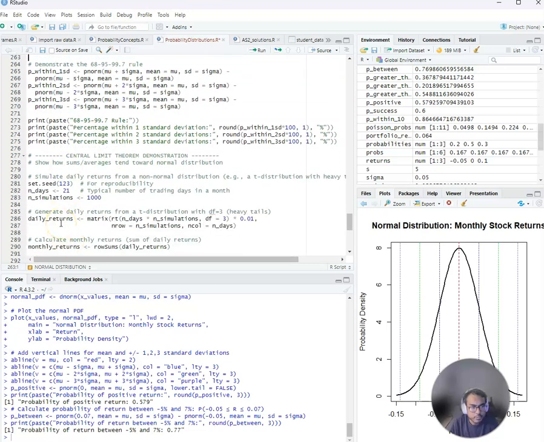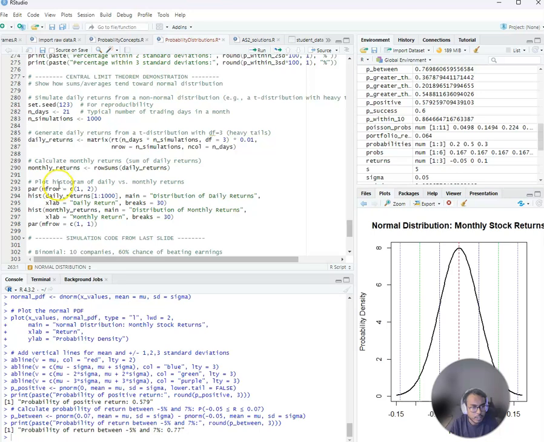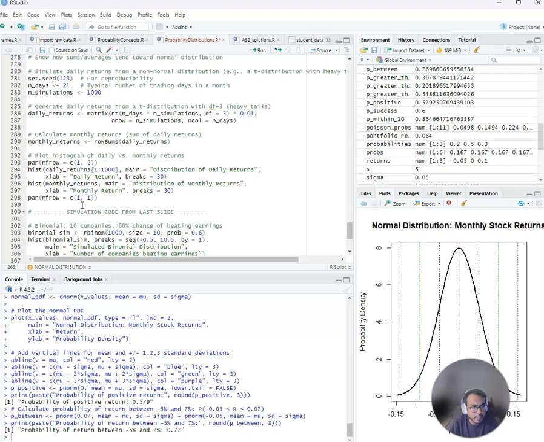To look at the central limit theorem, I'm going to start by setting the seed for reproducibility. I'm going to fix the number of days, which here is 21, and I'm going to do 1,000 simulations of that. And then I'm going to plot the histogram of the daily versus monthly returns and look at what we get.